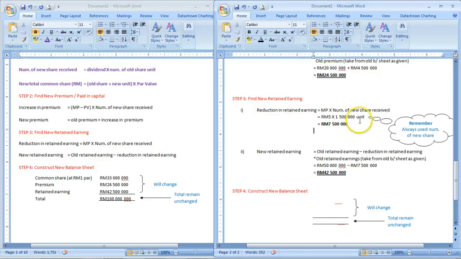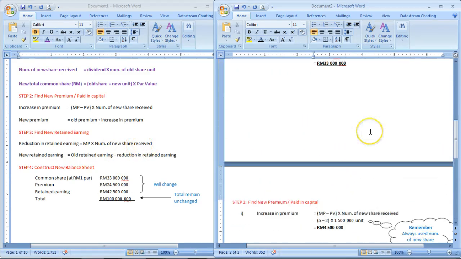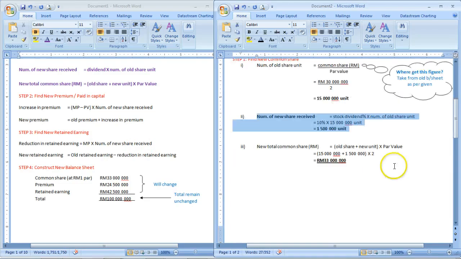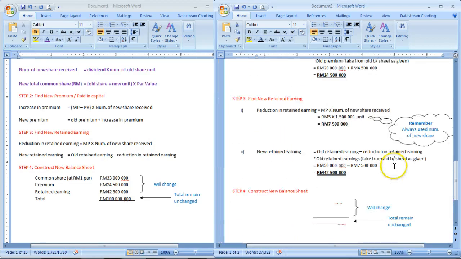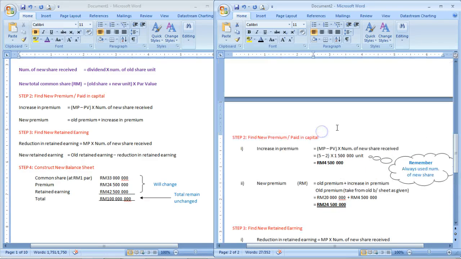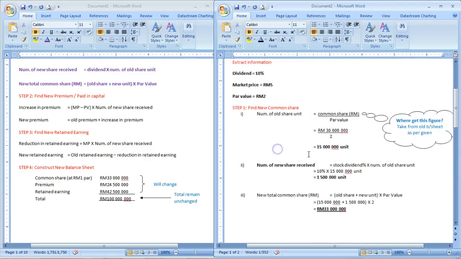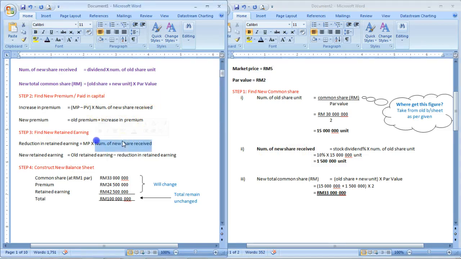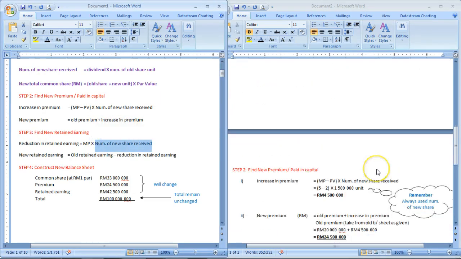That's why common stock increases. Class, it is very important that you make sure your answer is correct from the first step. The market price is 5, which you can get from your information, and then you times your new shares received from step 1.